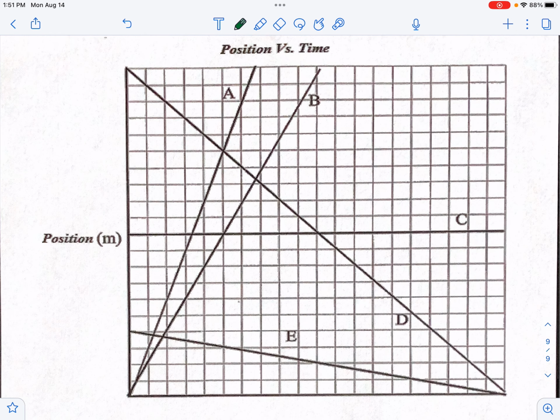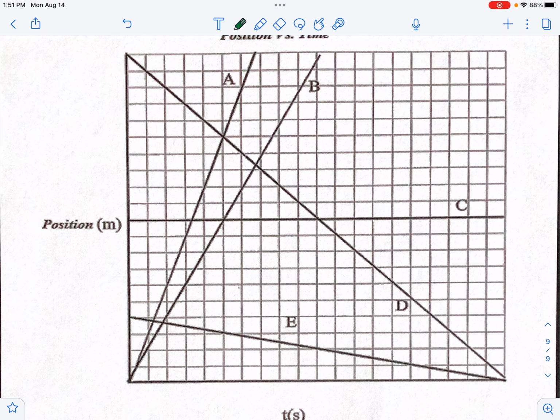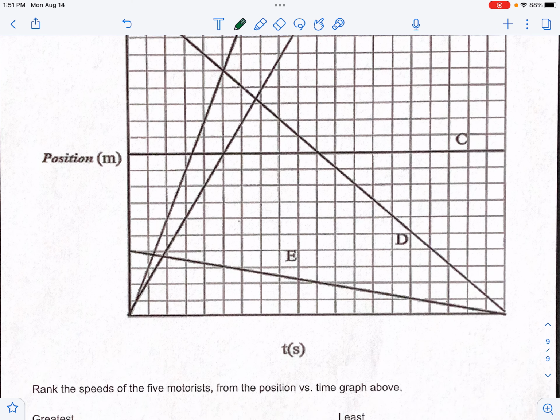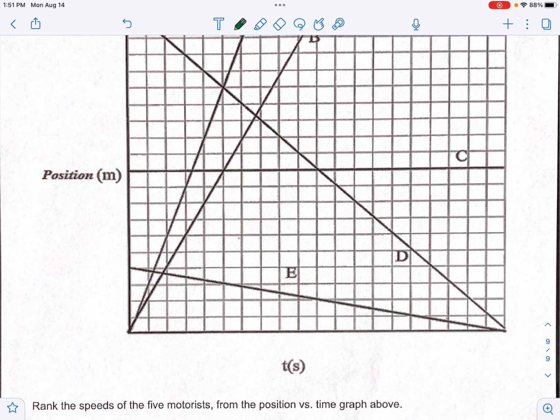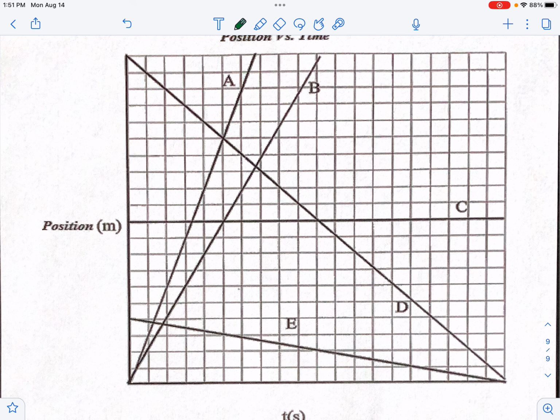Now going on to this graph right here, we're going to compare A, B, C, D, and E, these slopes here. We're going to rank it from greatest velocity to least velocity. Okay, so we're looking for steepness, so definitely number 1 is going to be A. Okay, then looks like B is getting a little flatter. Okay, so it's going to be B. And then it looks to me like D is going to be number 3. Even though it's negative, it looks flatter than B. If we really wanted to get technical, you'd actually find the slope.